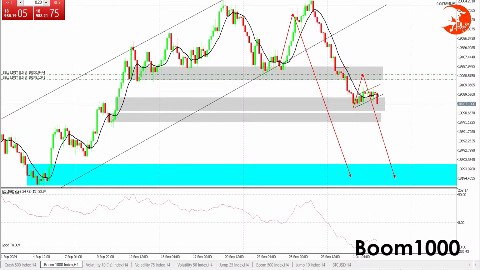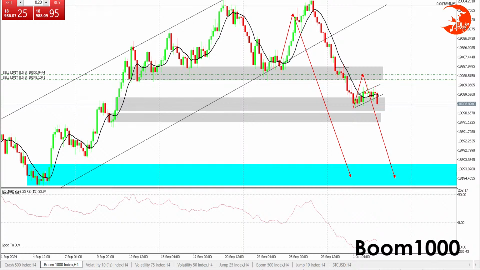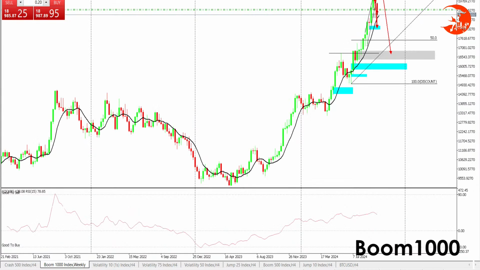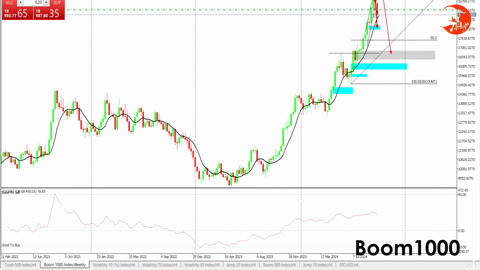According to H4, we're supposed to be looking for buys, because we are on that fair value gap. We are oversold according to CCI there. According to daily, we're supposed to be selling. So it only means, according to weekly, we are supposed to be buying.